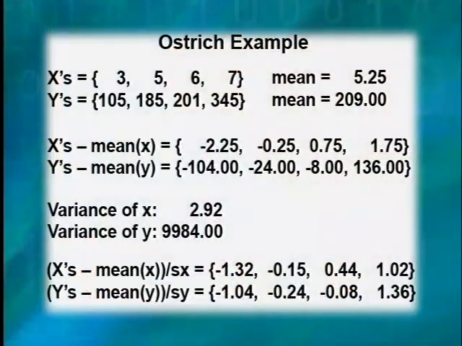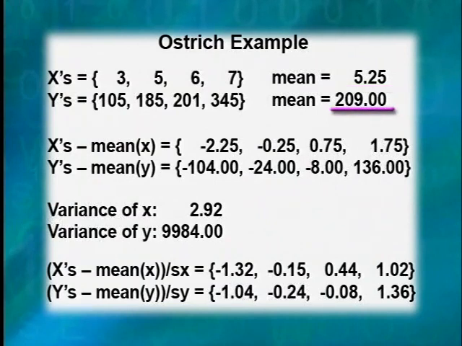So here are the different farms. We have the number of hens in each farm, and then down here we have the number of eggs that each one produced. And we deal with the farms individually, that is, the number of eggs per farm. We have a mean of 5.25 hens per farm.